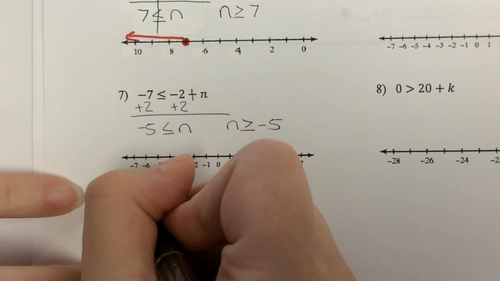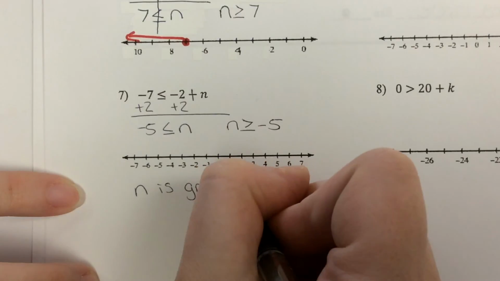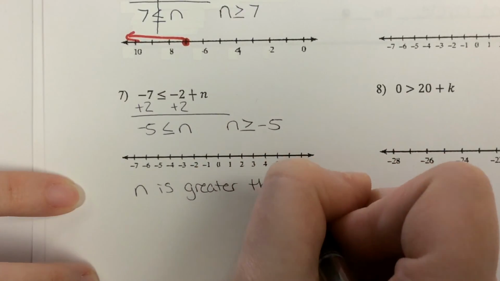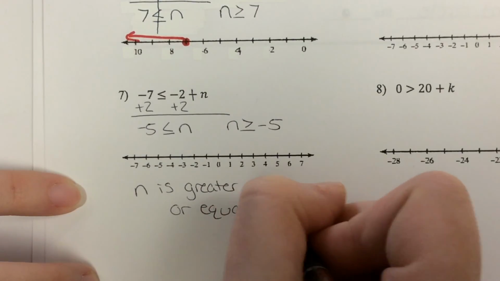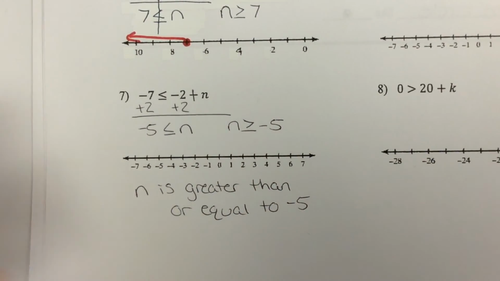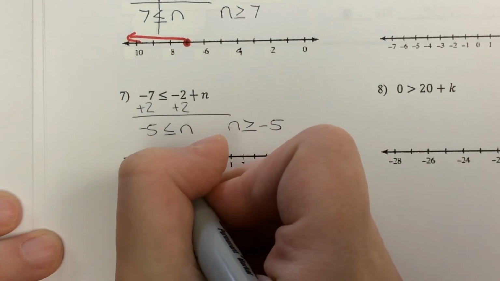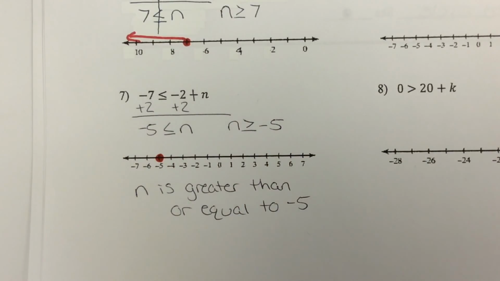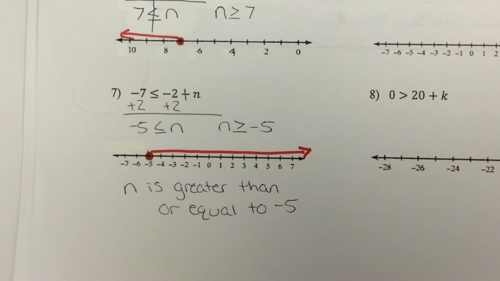And this is n is greater than or equal to -5. Okay, and let's graph. So we need to find -5, which is here, and we're talking greater than or equal to, so that's a closed circle, and all the numbers bigger than -5 are going to be in this direction. Okay?